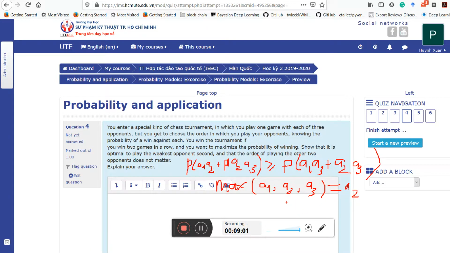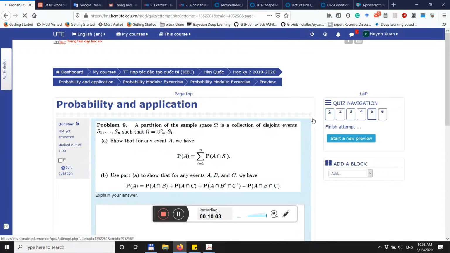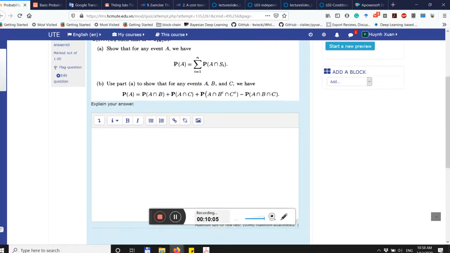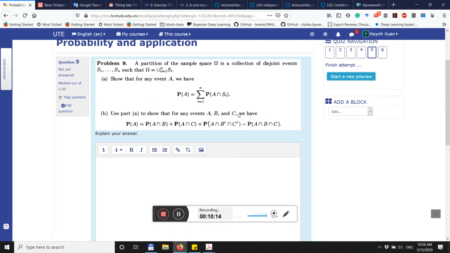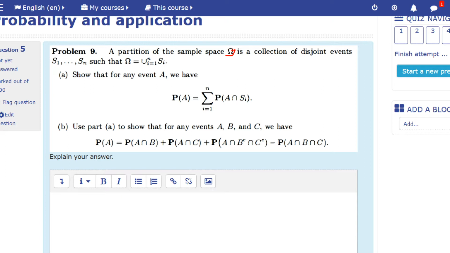And number 5. So you have a sample space omega and a partition of events. You can prove it by drawing the Venn diagram. Here is the omega. You can divide it by Si. Here is S1, S2, S3, S4.